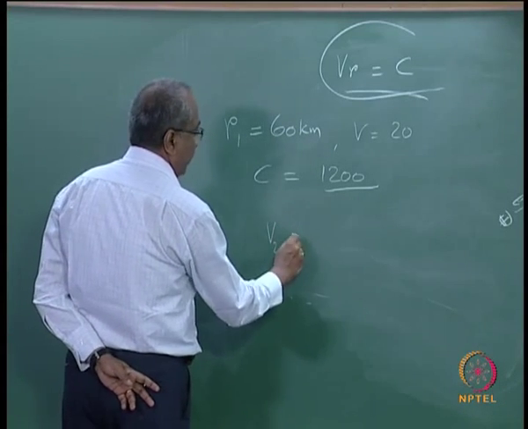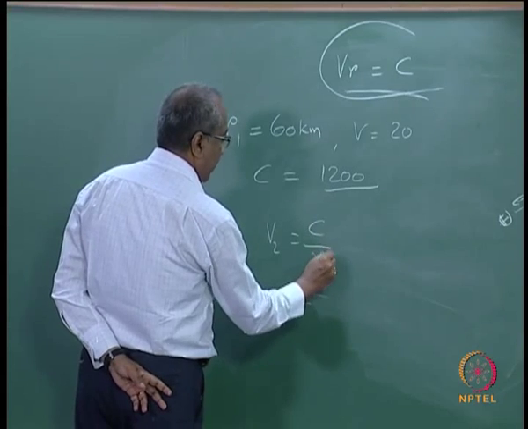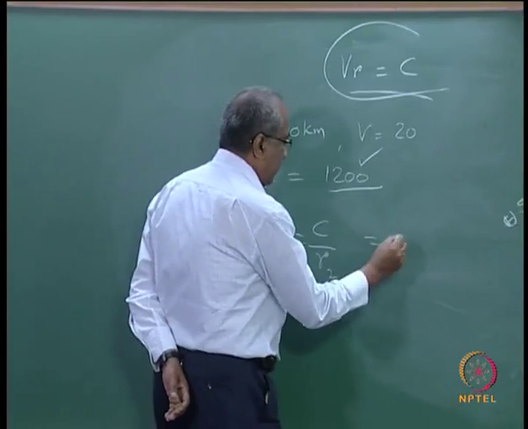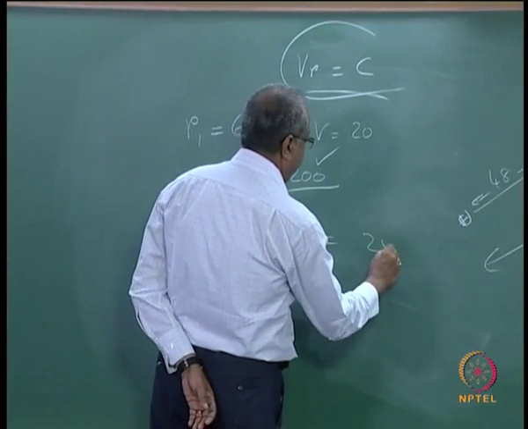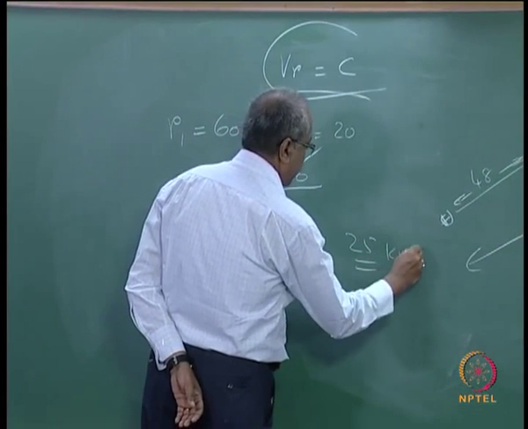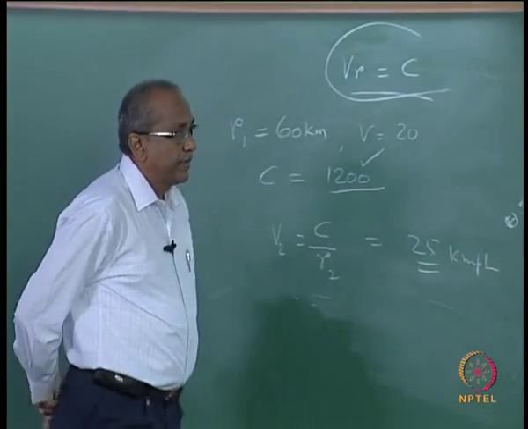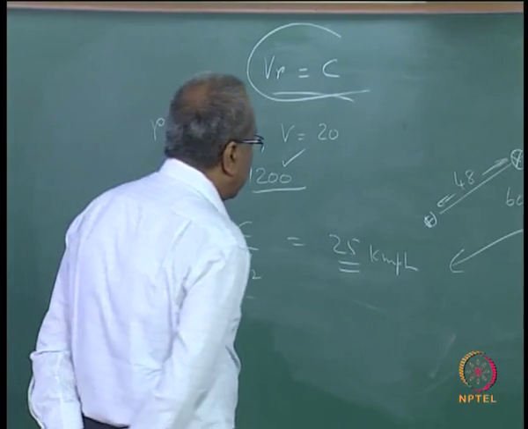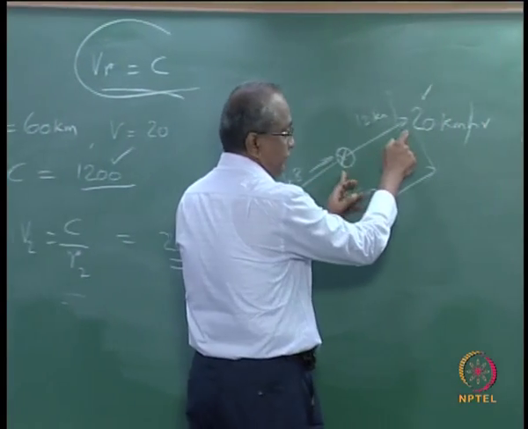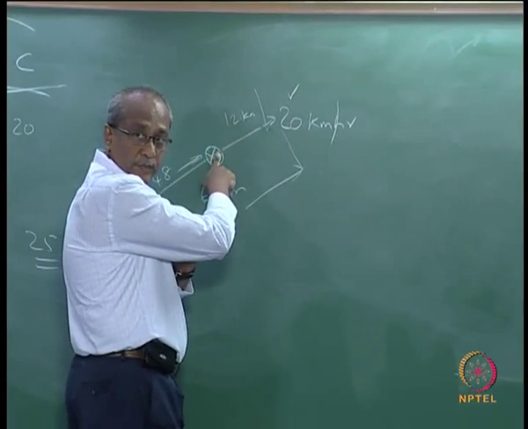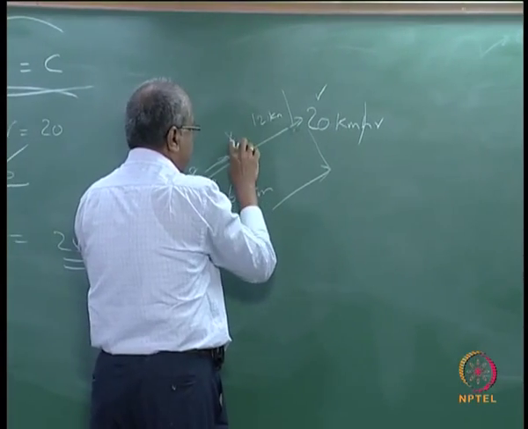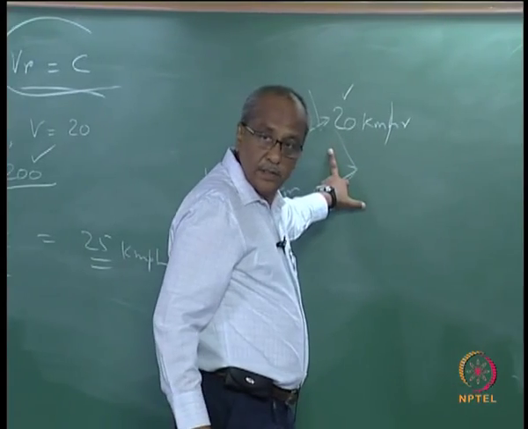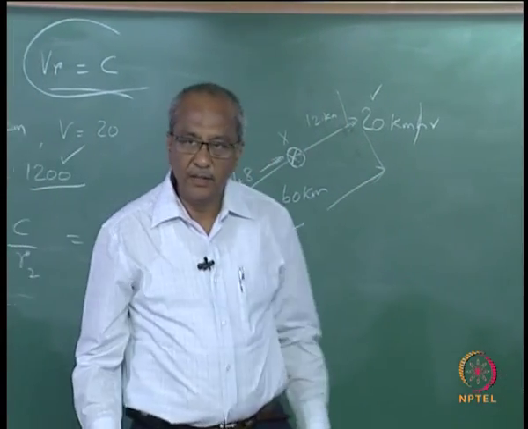V2 will be C by R2, since R2 is already determined, so you can get V2 as 25. Is that clear? At this location naturally your velocity should be more compared to the other location, because it is far away from the eye of the cyclone.